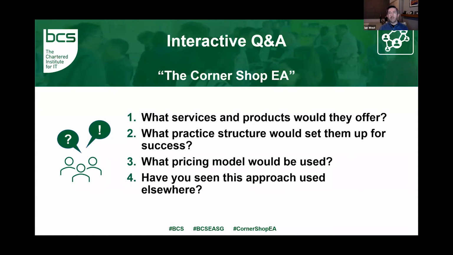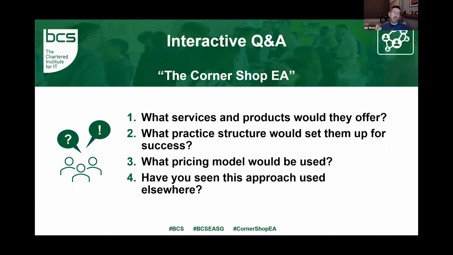The first one is, the corner shop EA acting as an independent architect: what sort of services and products would they offer to those businesses? Because you've got to be able to explain it to a small business. They're expecting something more deliverable, something a little more tangible.